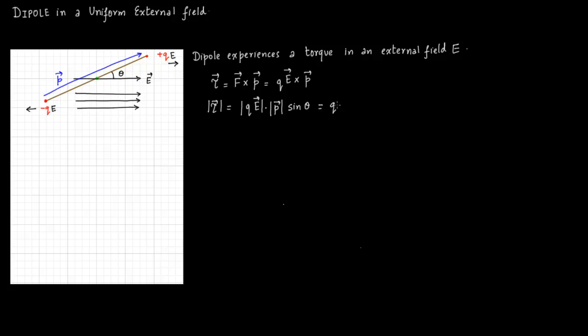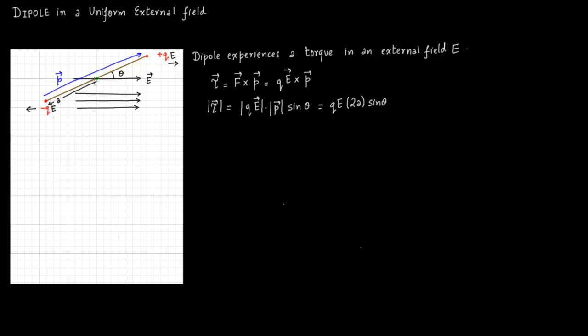So if the length of P vector is 2a, so that the distance of minus Q and plus Q from the center of the dipole is a, then you get the magnitude of the torque vector as QE 2a sine theta. So this distance is a.